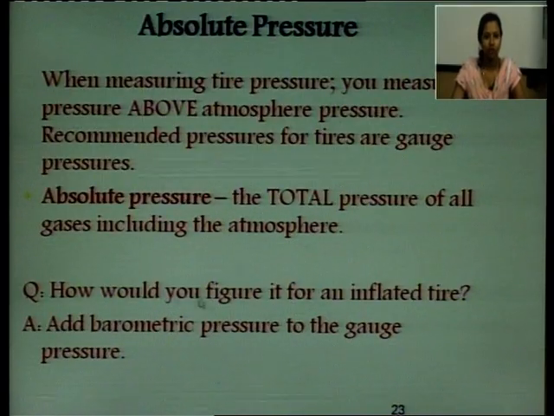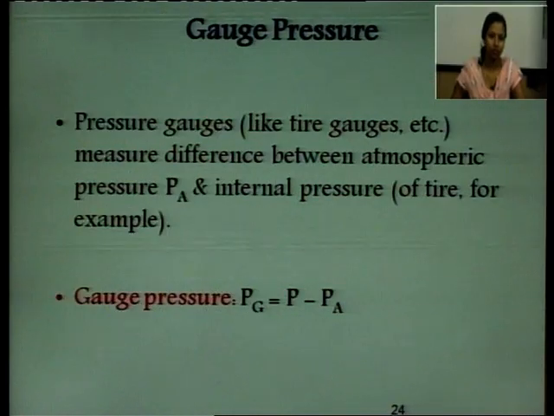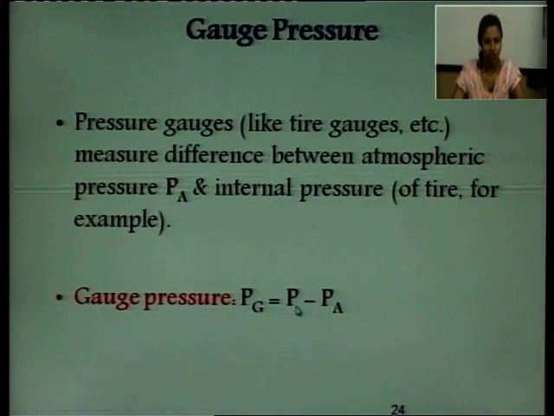So how would you figure it for the inflated tire? If we add the atmospheric or barometric pressure to the gauge pressure, then it is equal to the total pressure of the gas. So gauge pressure is mainly pressure minus the atmospheric pressure.